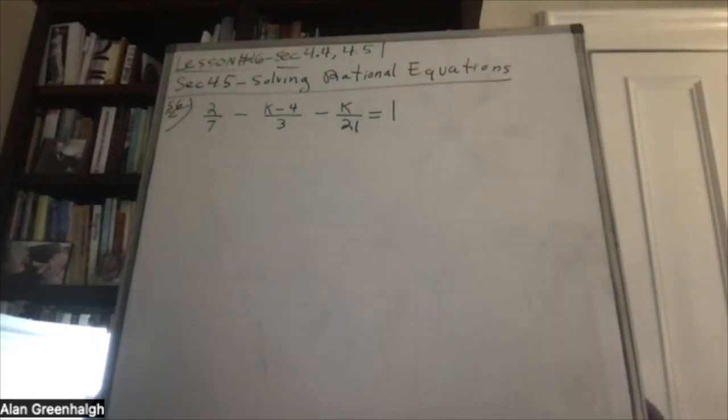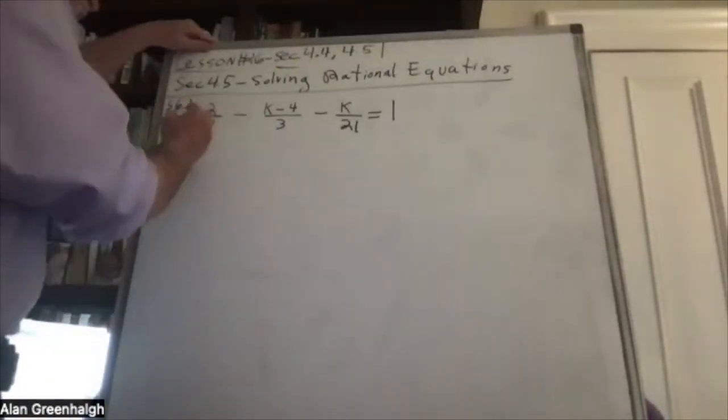The object here is similar to what we've been focusing on since we've been doing rational expressions. The purpose here will be to get rid of the denominators. And once again, we look for the least common multiple.